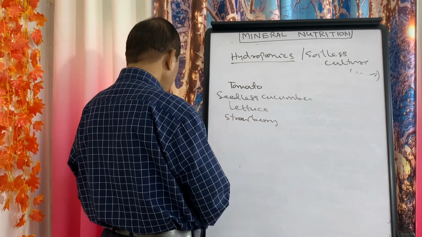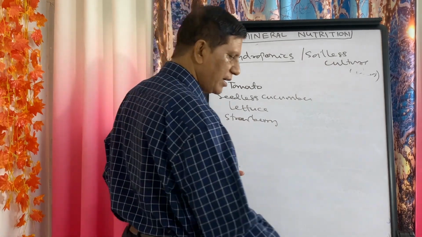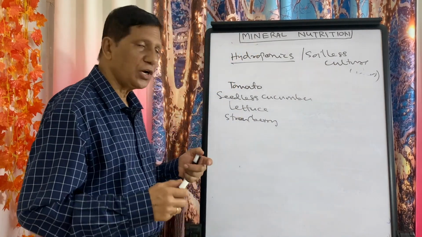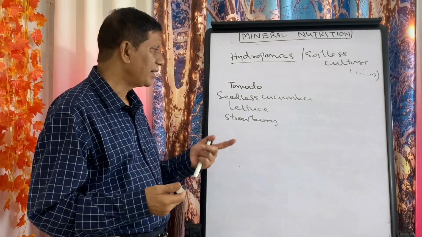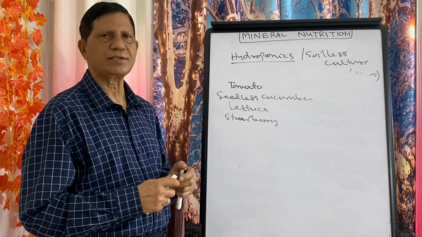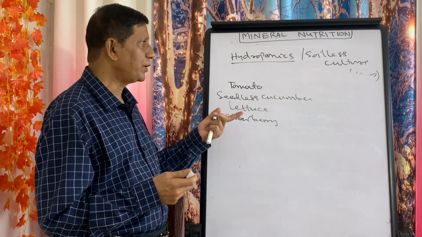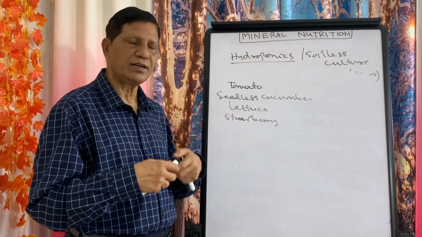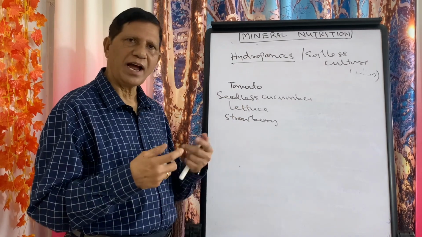In all these plants, it is studied how there is luxuriant growth with more yield through hydroponics. So this hydroponics is very important because by this we can grow the plants with a high yield.